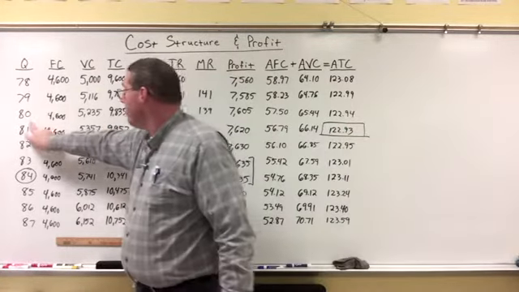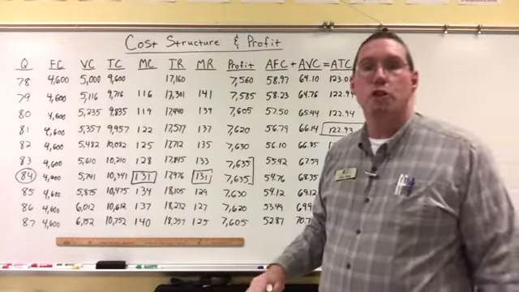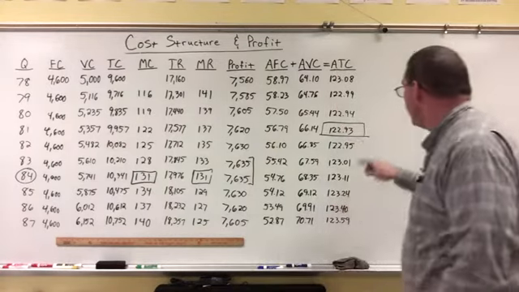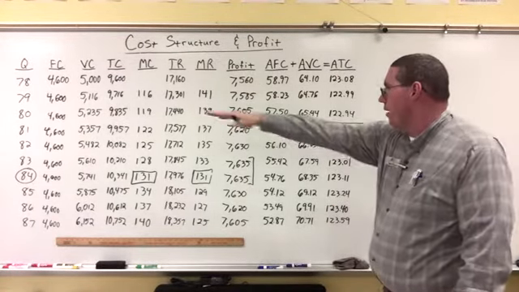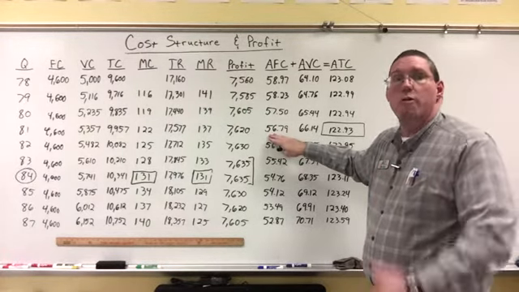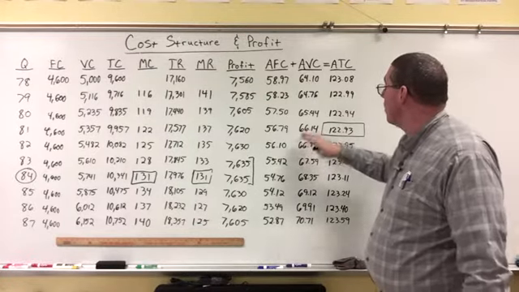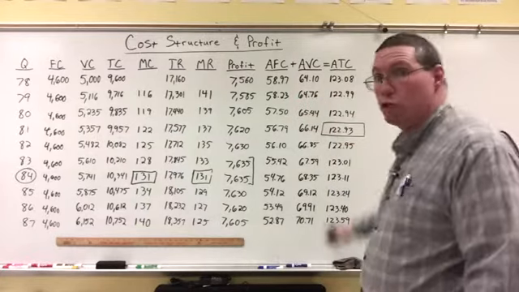So if this business produces 81 units, they will have their lowest average total cost over their entire production. At this line at 81 units, average fixed cost loses its effect on average total cost, and average variable cost takes over the effect on average total cost.